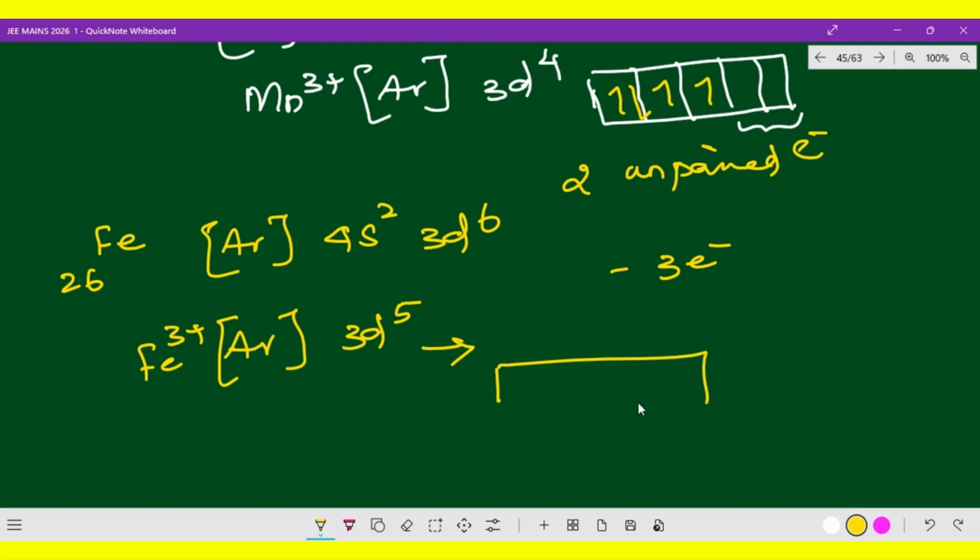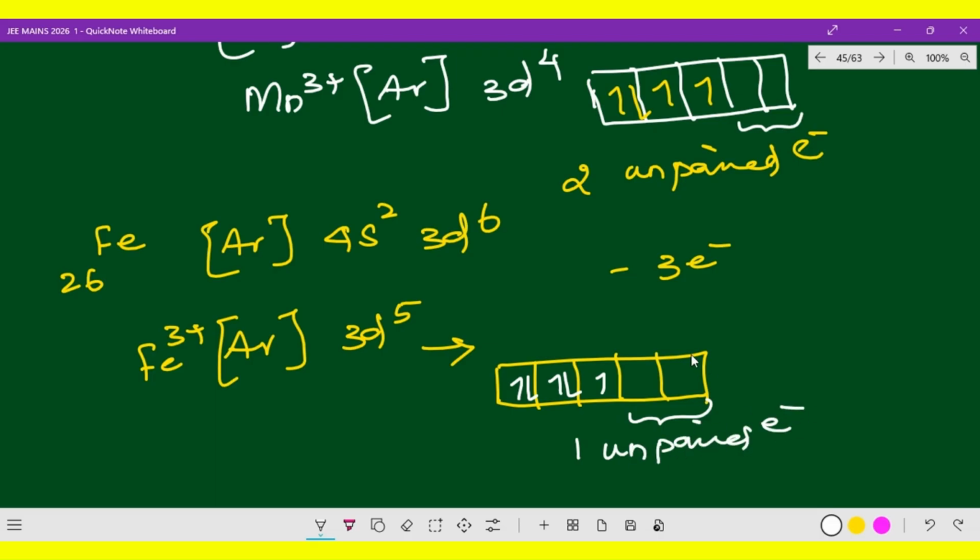When you draw that electronic configuration, 1 2 3 4 and 5. The last two you just leave. So that 5 means 1 2 3 4 and 5, so 1 unpaired electron. 1 unpaired electron. So I have drawn it for you to understand easily.